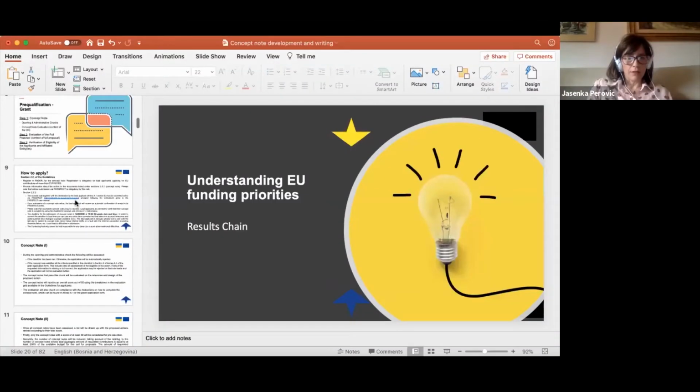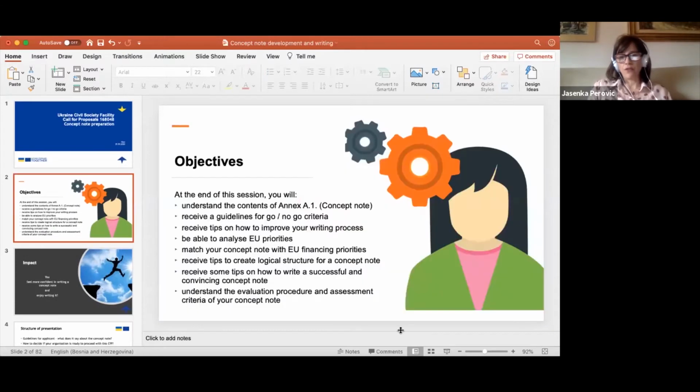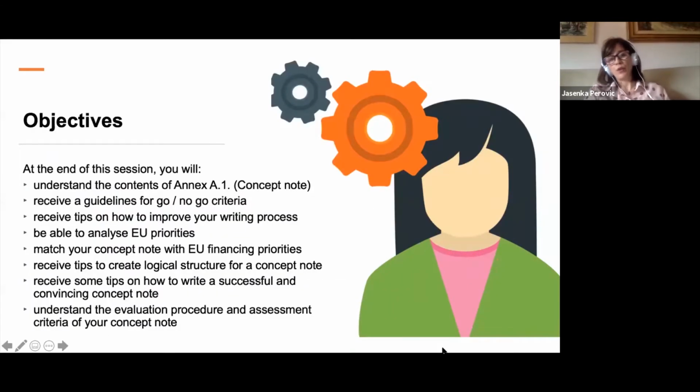So we will start with the objectives of this session today, and what we would like to help you with. Hopefully by the end of the session, you will really understand the contents of the Annex A1. You will receive guidelines for go, no-go criteria.